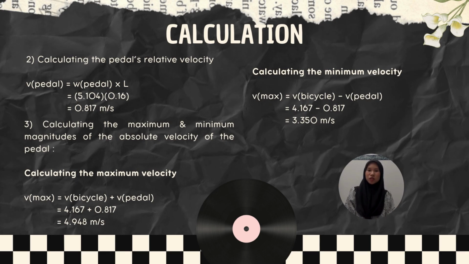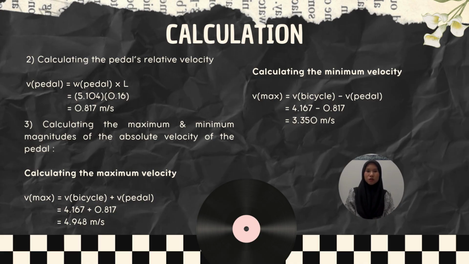The relative velocity of the pedal with respect to the wheel center is then obtained using the equation V equals omega times R. This gives a relative velocity of 0.817 meters per second. Finally, the maximum and minimum magnitudes of the absolute velocity of the pedal are calculated using the relative velocity equation.